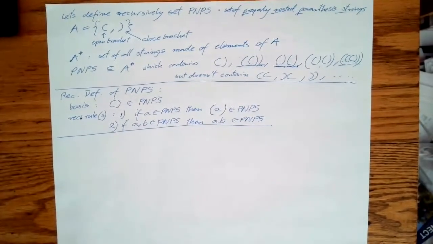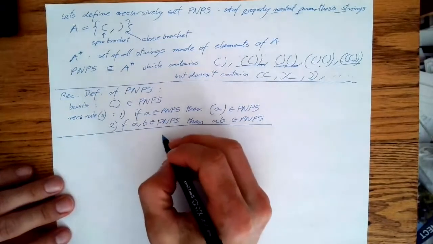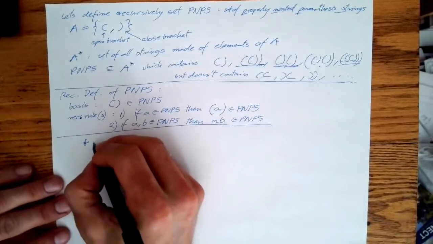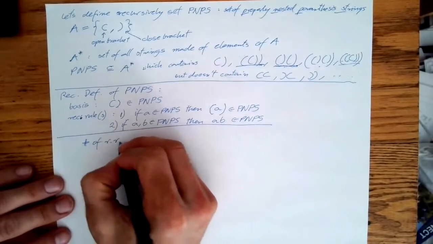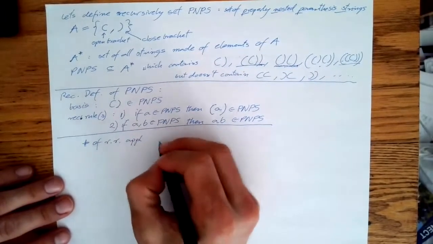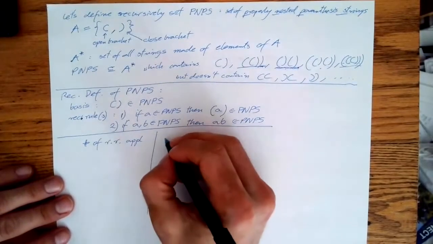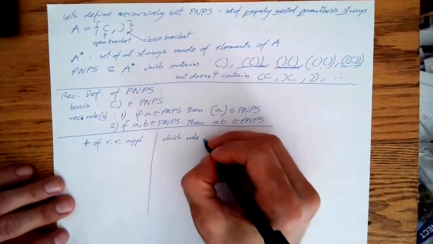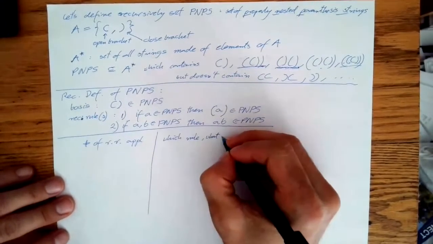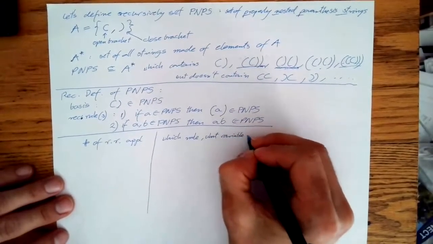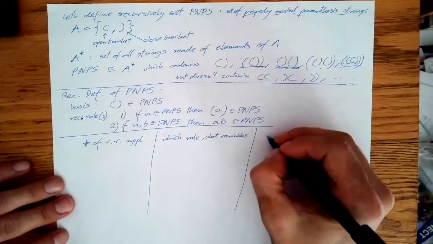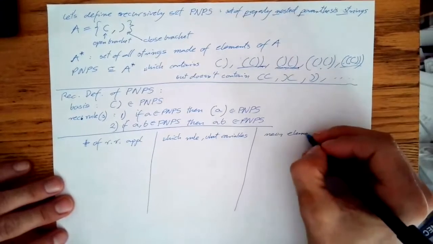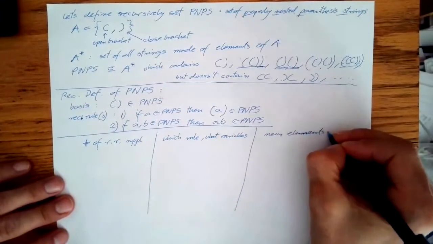And let's do a similar exercise of looking at the number of recursive rule applications. Look at which rule, what variable, how I am binding the variables, and which new elements are added.